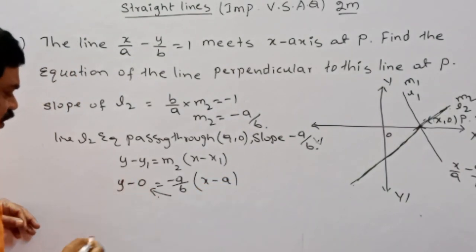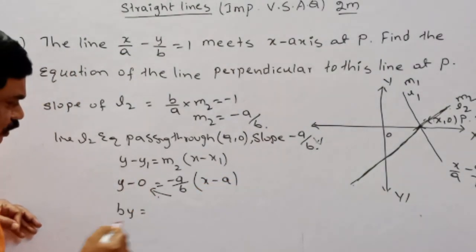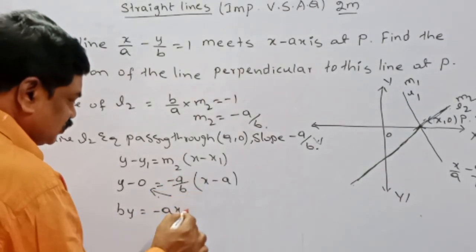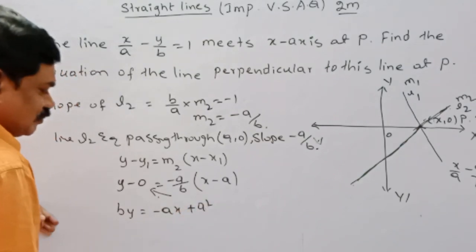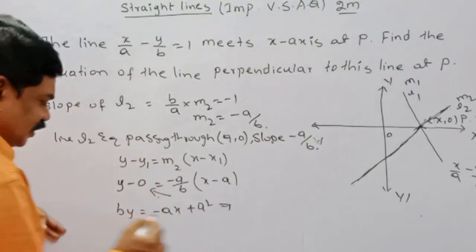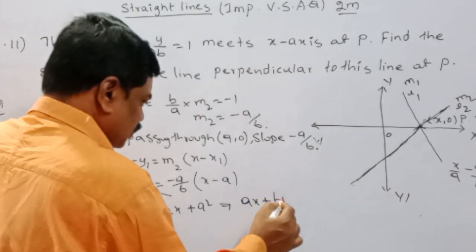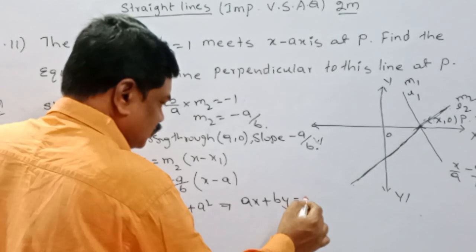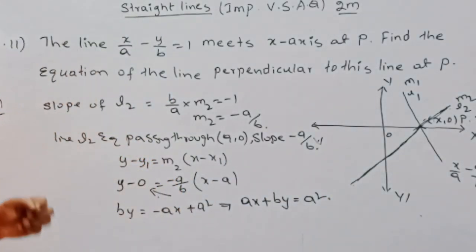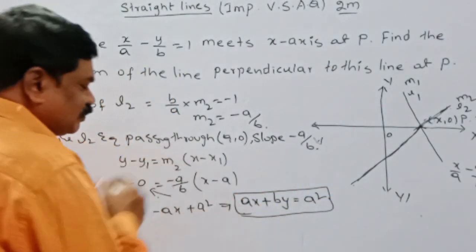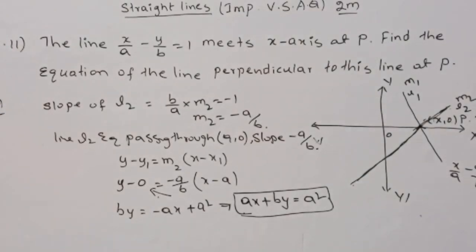By cross multiplication, by is equal to minus ax plus a square. Taking to this side, ax plus by is equal to a square. This is the required line equation. That's all.